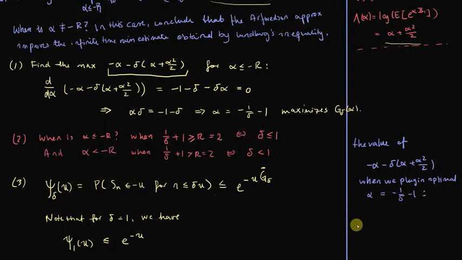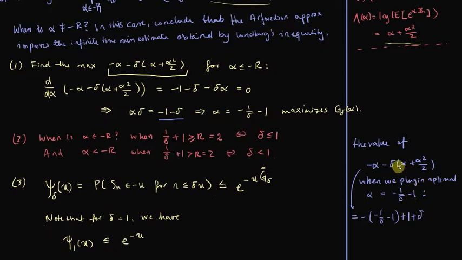Well, how do we do that? Let's plug in the optimal alpha. Then we see that this is equal to minus 1 over delta minus 1. And now instead of plugging in alpha here and calculating, I just say minus delta alpha. That is equal to minus 1 minus delta, according to my calculation. So this term is equal to plus 1 plus delta.